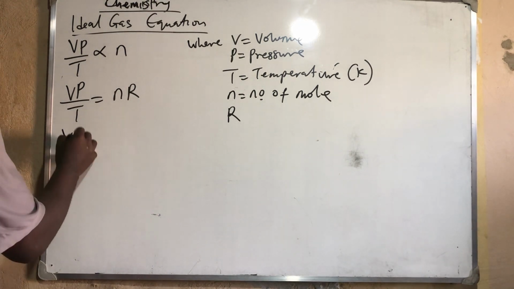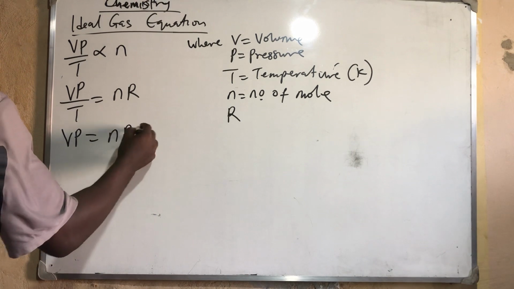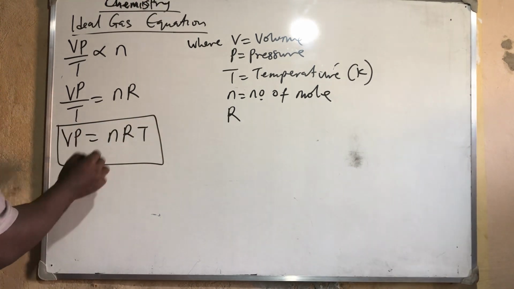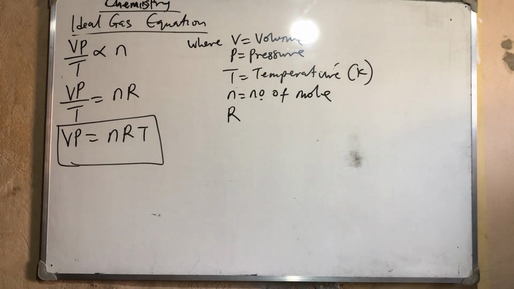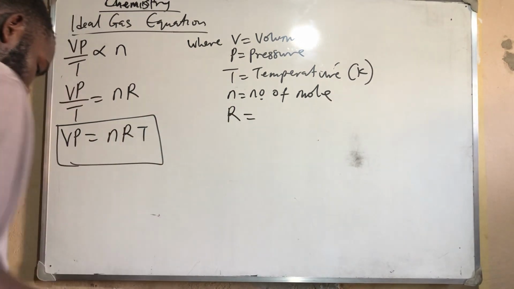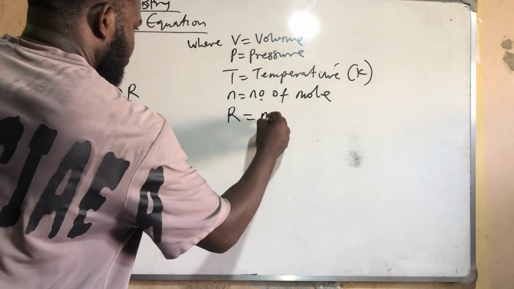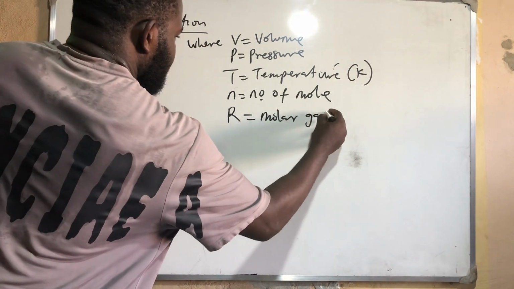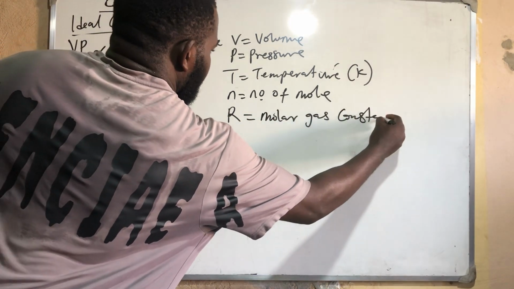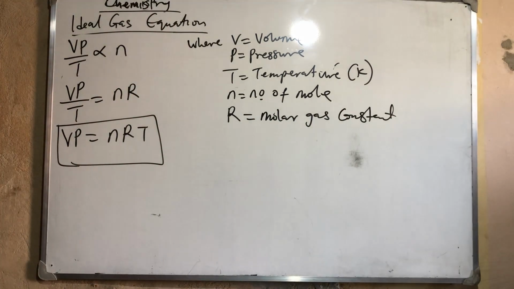So therefore my PV is equal to nRT. This is my formula. I prefer it like this. So we now have that your R is equal to the molar gas constant.